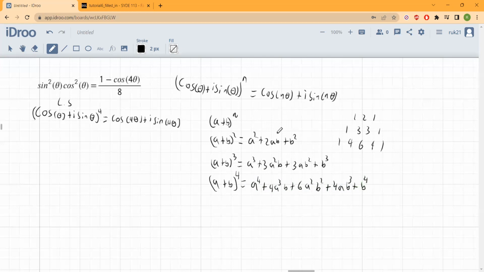Now let's expand that here on the left. First we take cosine theta to the power of 4, plus 4 i sine theta cosine cubed theta. Notice that in this case i is just i.